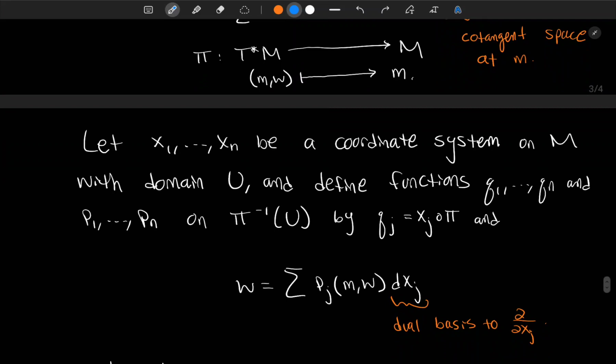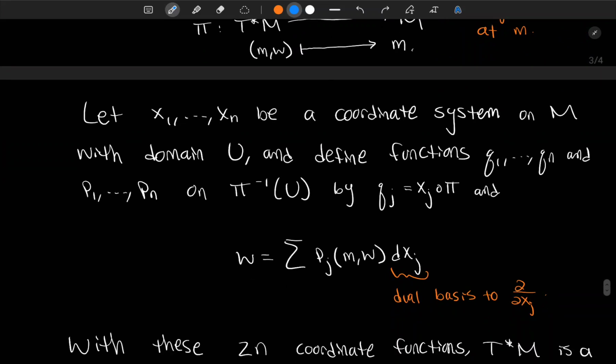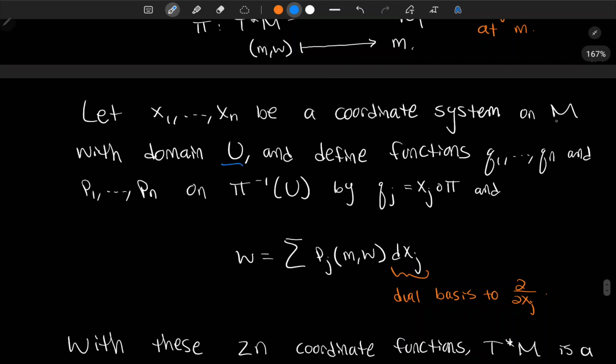Given these two things, we let x1 up to xn be a coordinate system on M with domain given by U. So x1 up to xn are valid on this subset U of M. So U is a subset of M. We define the next functions. We define q1 up to qn and p1 up to pn.